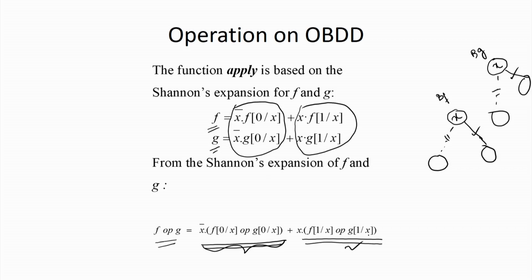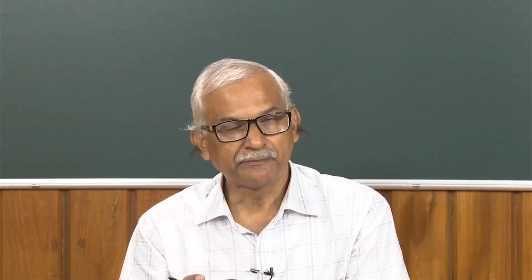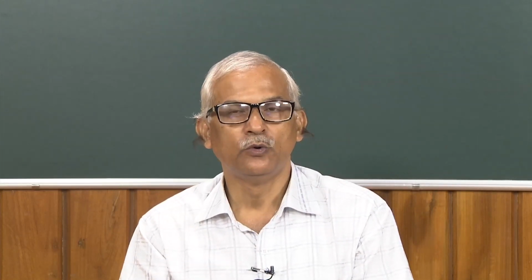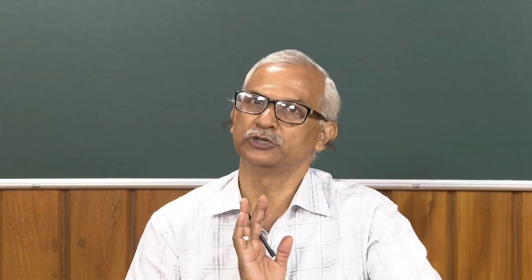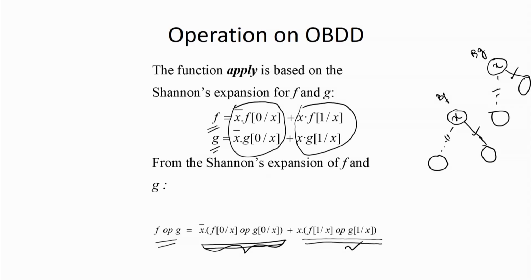Now we can use the apply algorithm on two given BDDs, and it works with respect to Shannon expansion. So, whatever resultant BDD we get will give us the correct evaluation of the operation.